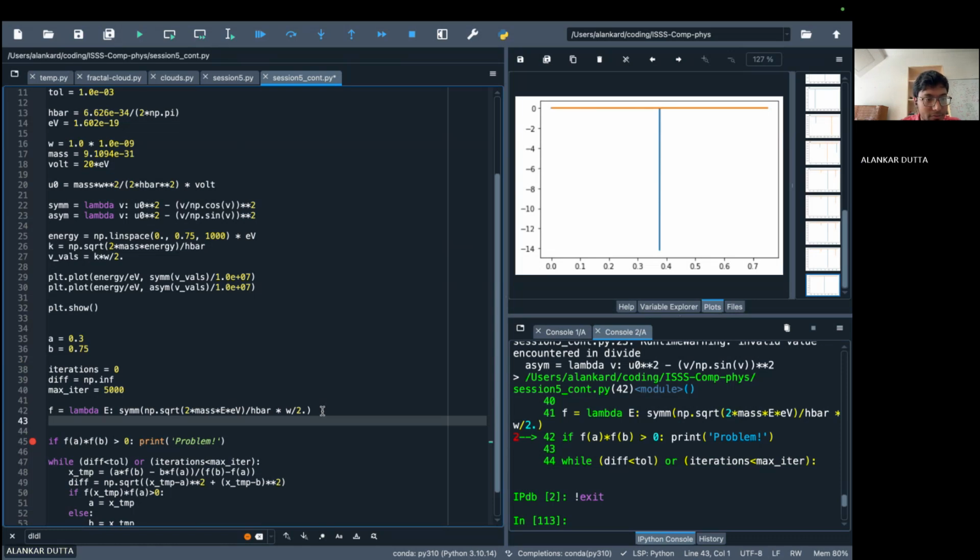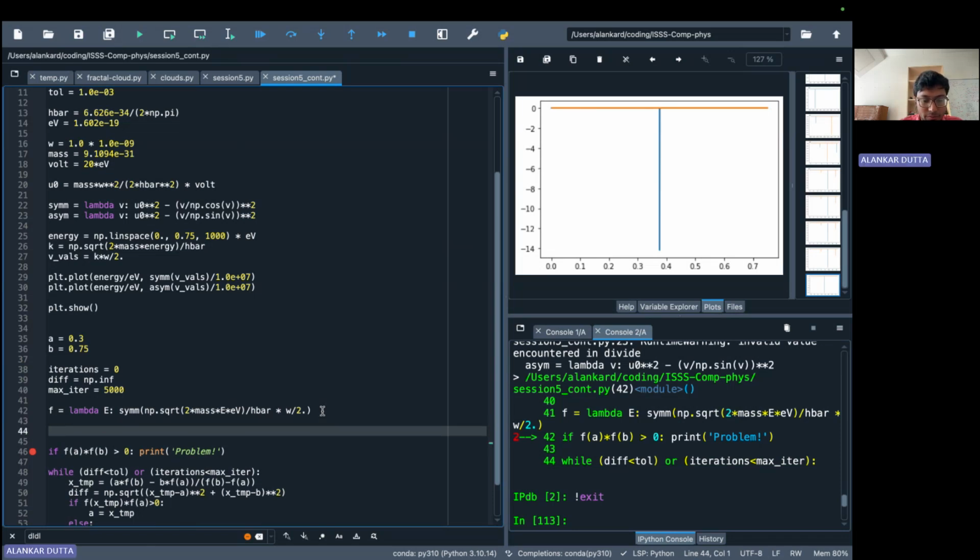And we do that by finding out f of the value of this function between this. And then what we do is we look at the place where this function f is greater than 0.